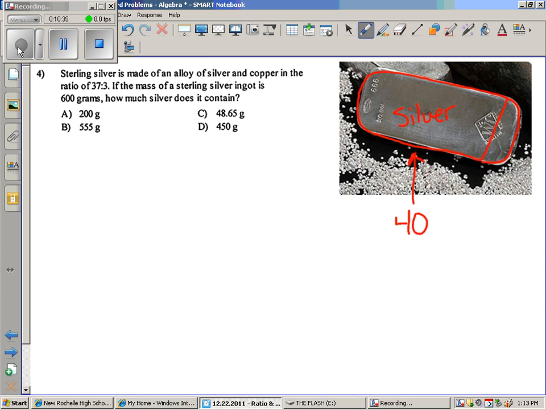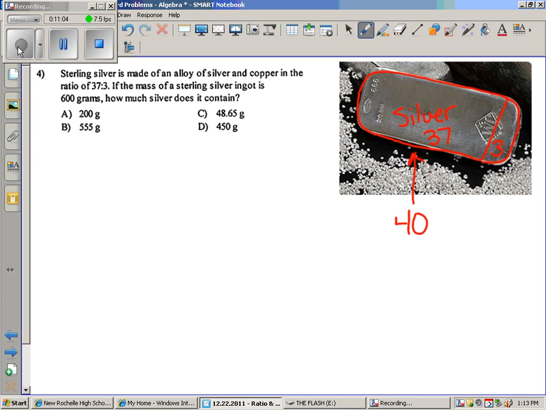Shh. Imagine that this bar has 40 grams to it. That's a big bar, by the way. If there's 40 grams, then 37 of the grams are silver and 3 of the grams are copper. They literally mix this in a gigantic molten pot where you have to be very careful. It's very dangerous. It's pretty cool. Okay. So here we go.